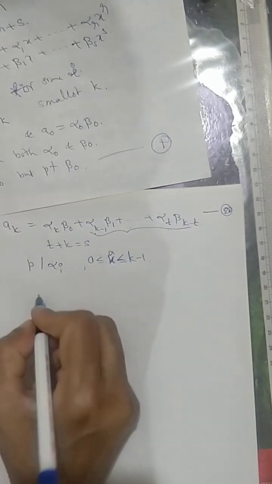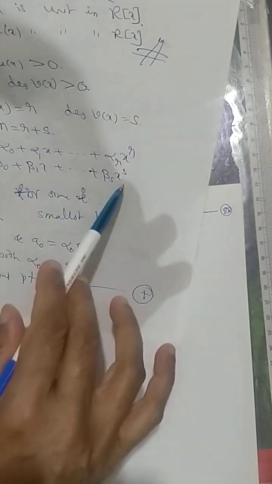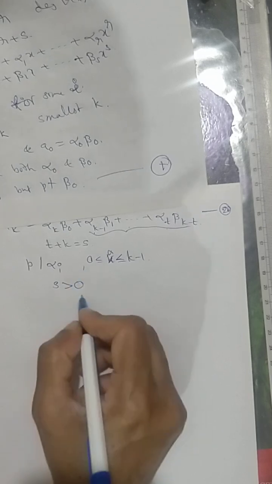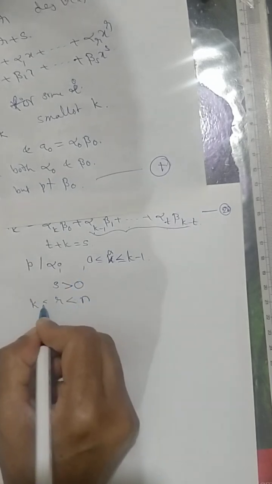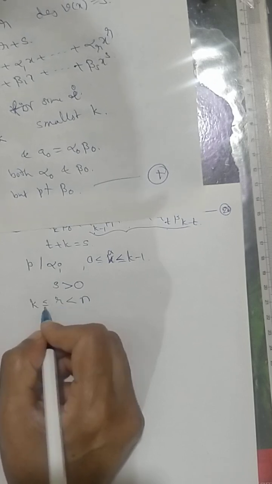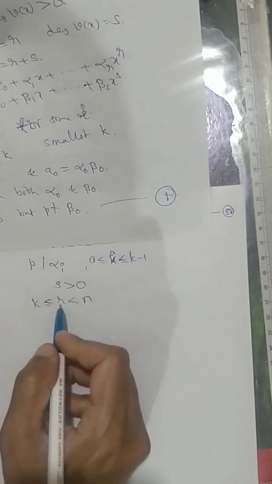Now s is greater than 0, because the degree of v(x) is positive. So r is strictly less than n, and k is less than or equal to r, because k is the smallest suffix such that p doesn't divide alpha_k.